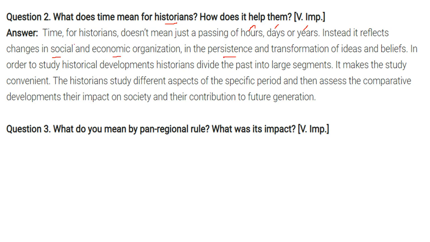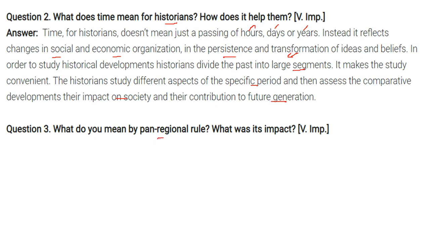So in order to study historical developments, the historian divides the past into three large segments. It makes the study convenient. The historians study different aspects of the specific period and then assess the comparative development, their impact on society, and their contribution to future generations.